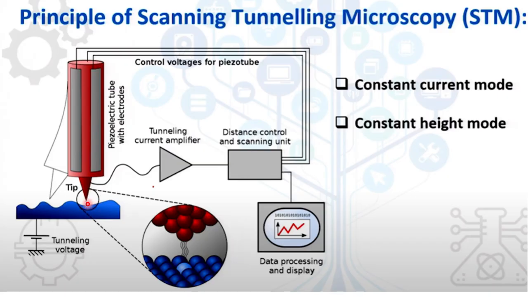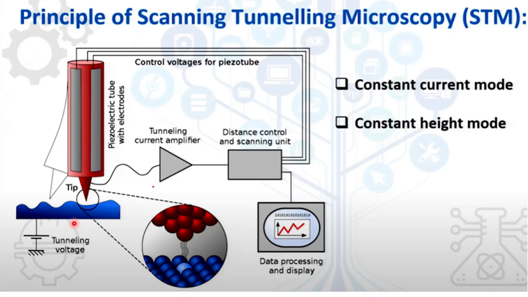The tip of this probe is very sharp. It may be that one or two atoms actually interact with your surface. This is more clearly visible here. So usually one, two, or two, three atoms are actually interacting with the surface of your material.